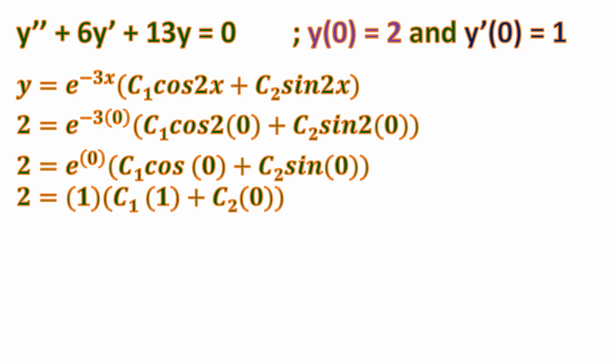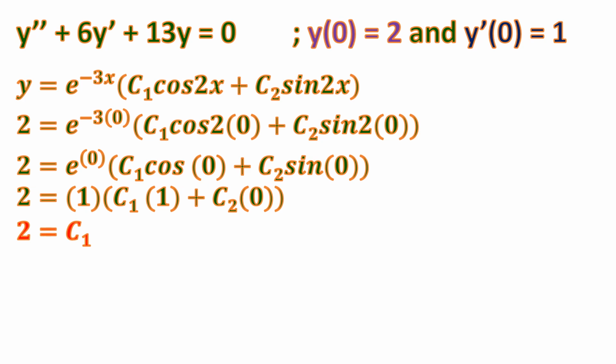Then e raised to the 0 is 1, cosine of 0 is 1, and sine of 0 is 0. And since c sub 2 times 0 is just 0, it's gone. What's left is c sub 1 times 1, which is c sub 1. That means our c sub 1 is 2.